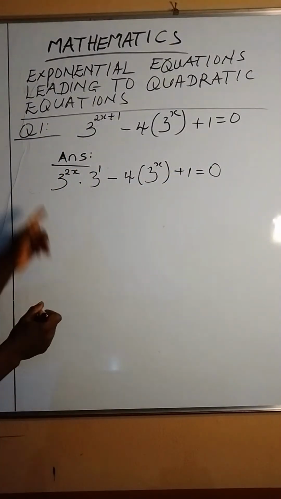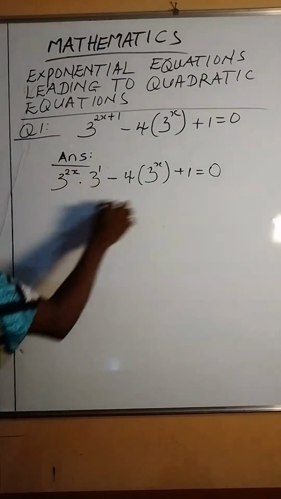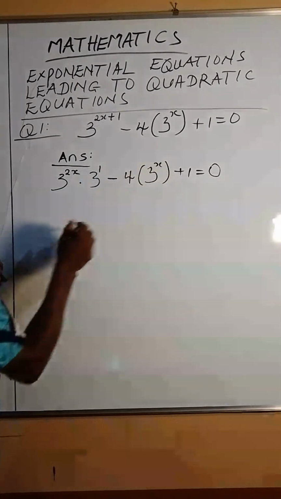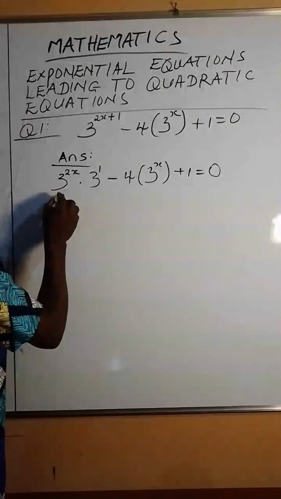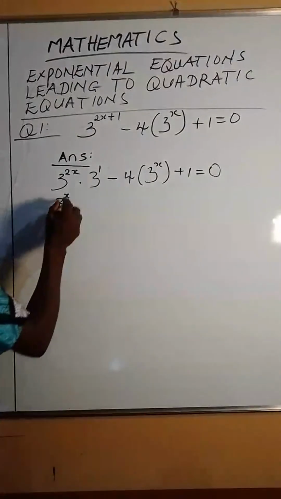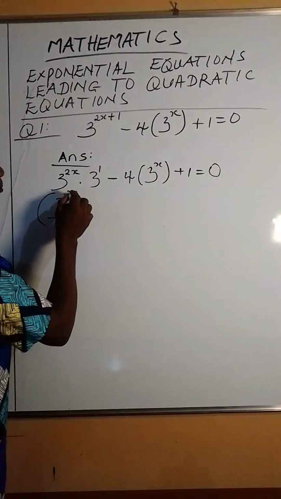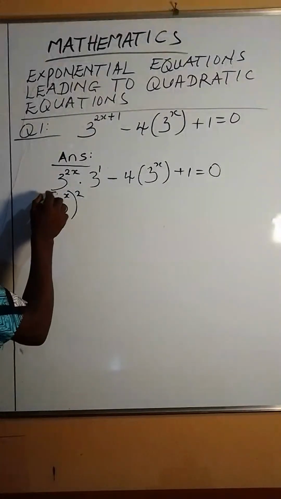Okay, now we have 3 raised by 2x here. This is how we are going to do it because we want to isolate 3 raised by x here. So we are going to write it in this form, 3 raised by x, because we have 3 raised by x here. Then we'll do it like this, all right? Then put the 2 outside the brackets.